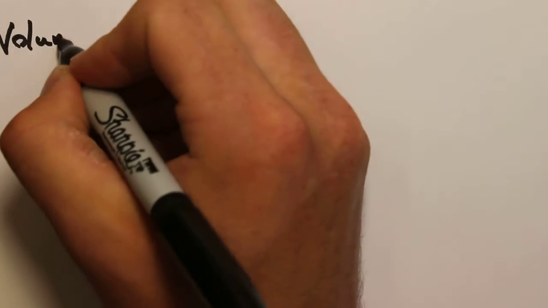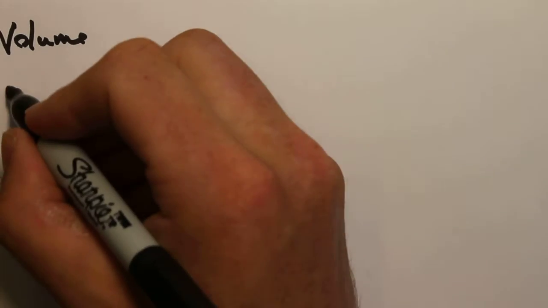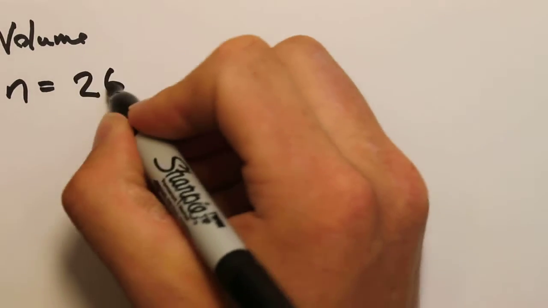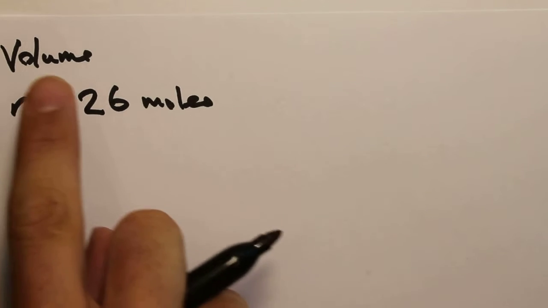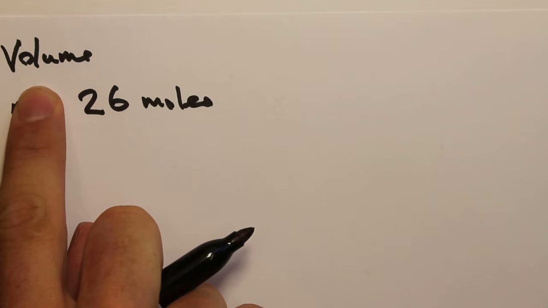Now, for part 3, we're asked to calculate the volume of CO2 at room temperature and pressure. So we're looking for volume. From the last part, we know that our number of moles is equal to 26, so we have to convert from the number of moles to a volume.